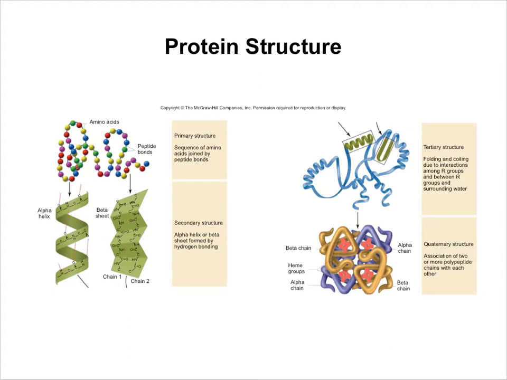Most of the other macromolecules have just one shape. Glycogen looks like glycogen. All glycogen looks pretty much the same. Lipids look like lipids. They all pretty much look the same. DNA looks like a double helix. We'll get to that in a second, but it always looks like a double helix. Proteins can look like a whole bunch of different things.